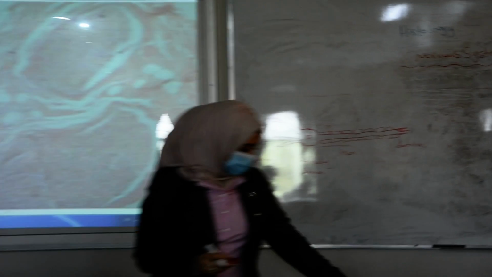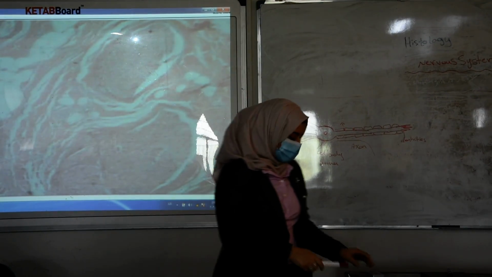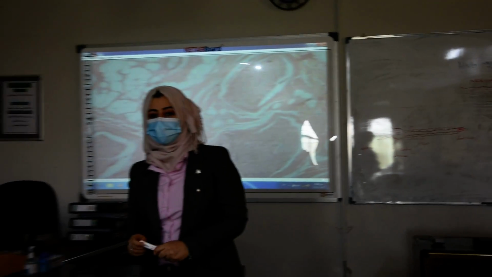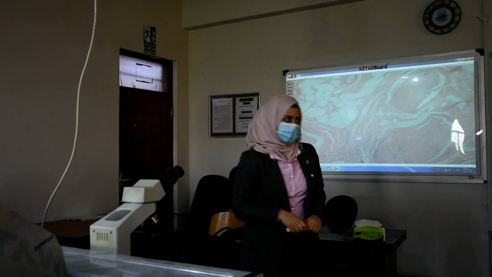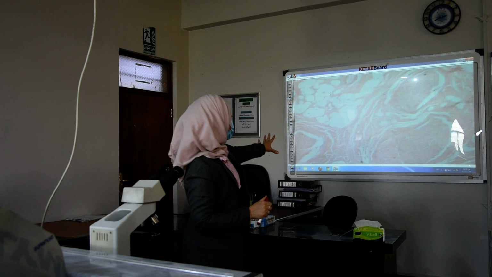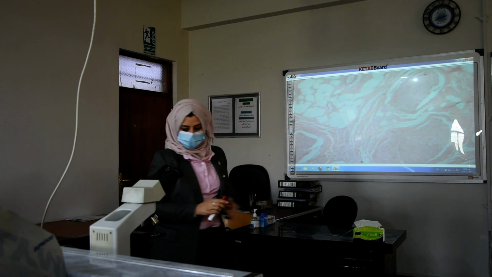Okay. We start with the peripheral nervous system. So we can say it's nerves and ganglia. At this slide, we show a section of a nerve.